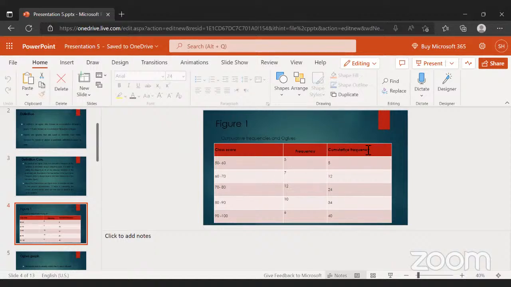When we calculate cumulative frequency, I will show you in the Google Sheet at the end. We add it together. The people who got 50 to 60 are 5 people, and the people who got less than 70 will be added together, 7 plus 5, which is 12.